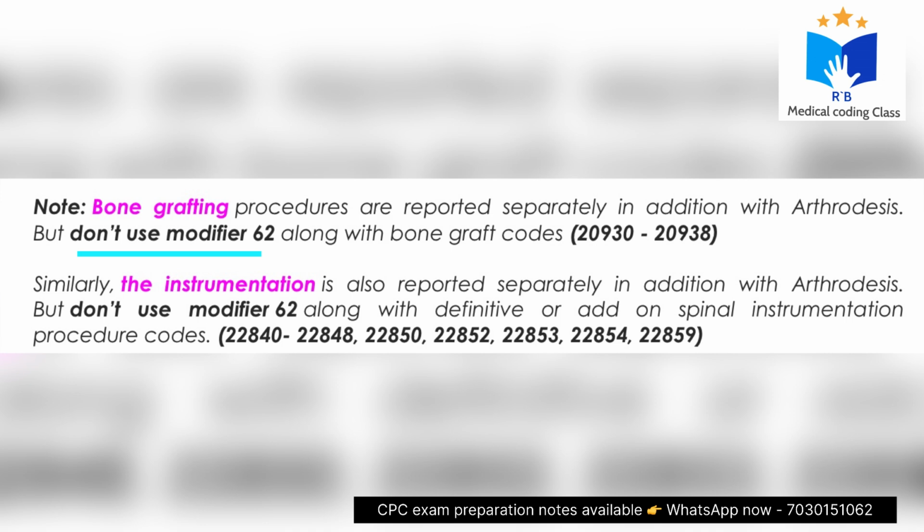Similarly, instrumentation is also reported separately in addition to arthrodesis, but don't use modifier 62 along with add-on spinal instrumentation codes 22840 to 22848, 22850, 22852, 22853, 22854, 22859.